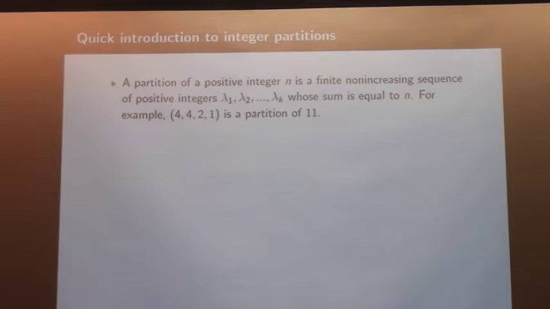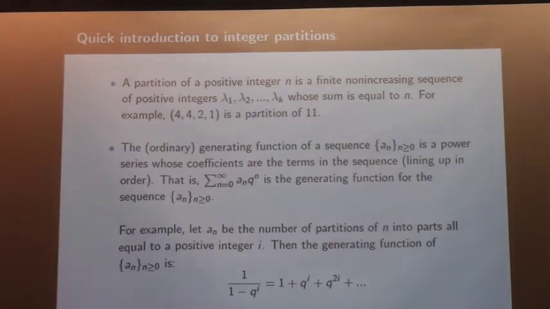So what is a partition? A partition of a positive integer n is a finite, non-increasing sequence of positive integers, let's say we have k parts, lambda 1 to lambda k, whose sum is equal to n. For example, 4421 is a partition of 11.